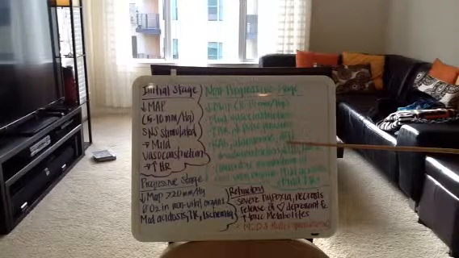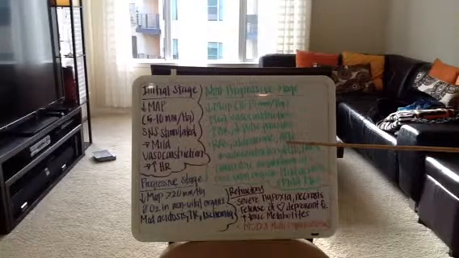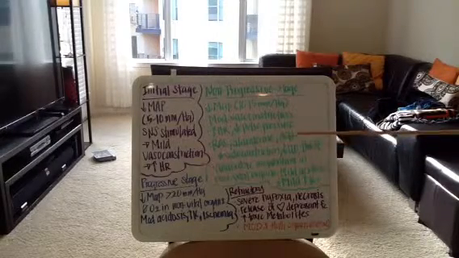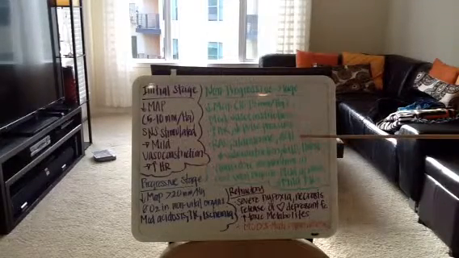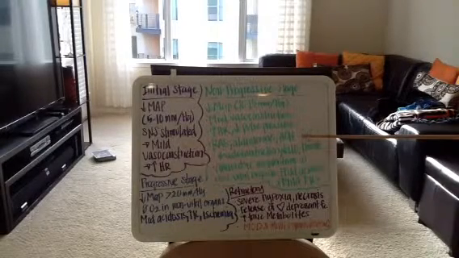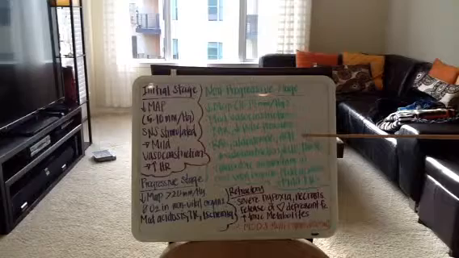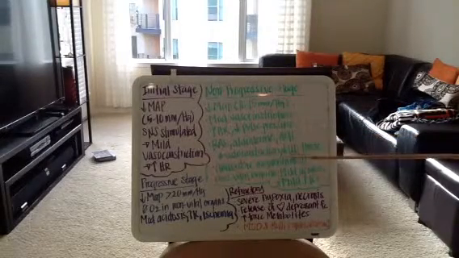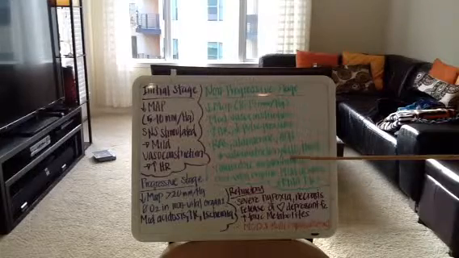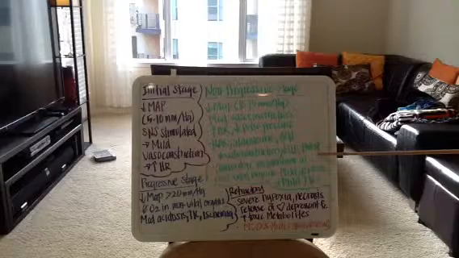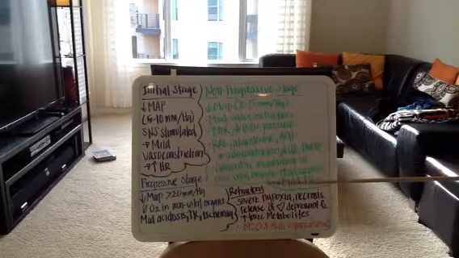ADH causes the body to reabsorb water as well, and all these cause vasoconstriction to occur, and also epinephrine and norepinephrine also cause vasoconstriction. Okay, and then the kidneys are going to decrease that urine output and hold on to that fluid, and the patient will be very thirsty because of that decrease in volume.